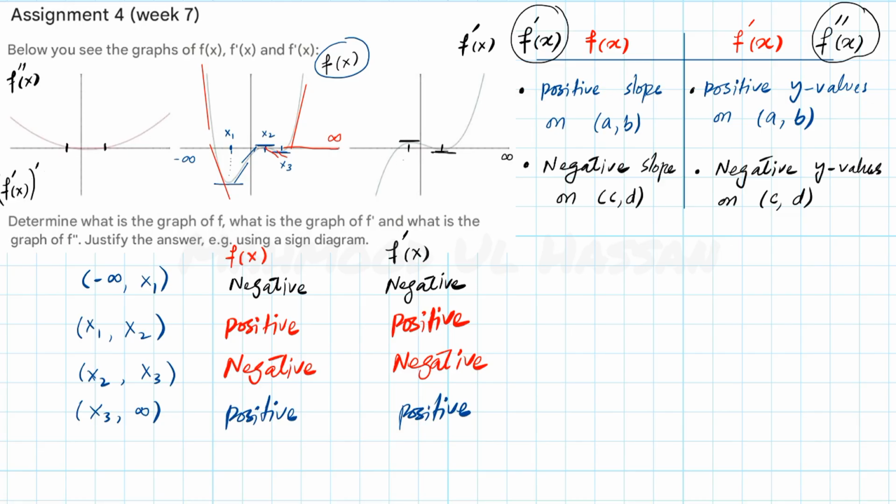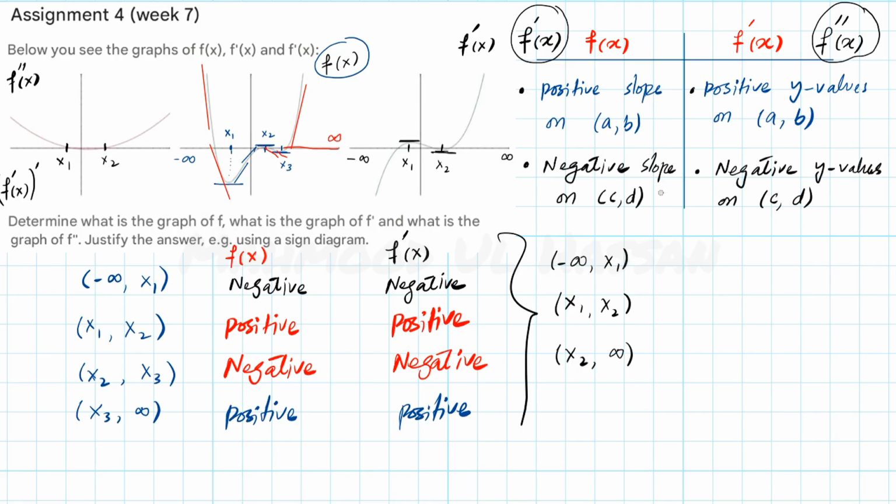So let me call this my x1 and this my x2. The same is here, that is x1 and that is x2. So now we have to make a table: from negative infinity to x1, that is the first interval, from x1 to x2 is my second interval, and the third interval is from x2 to positive infinity.